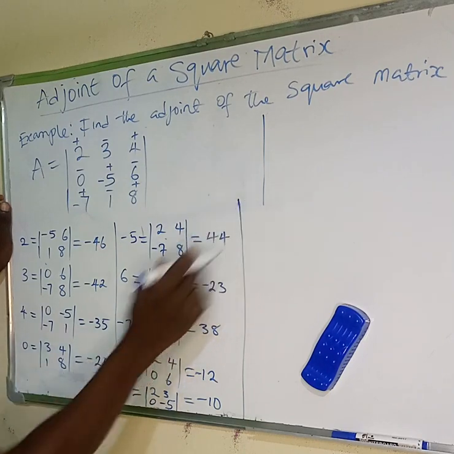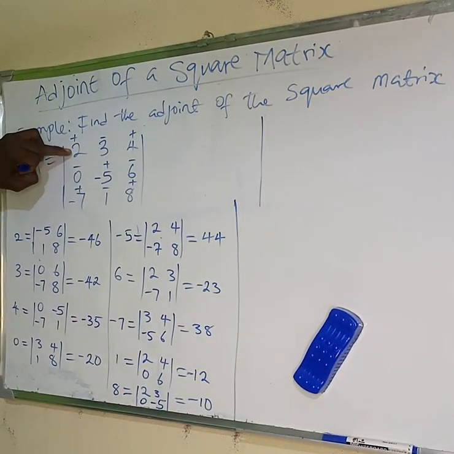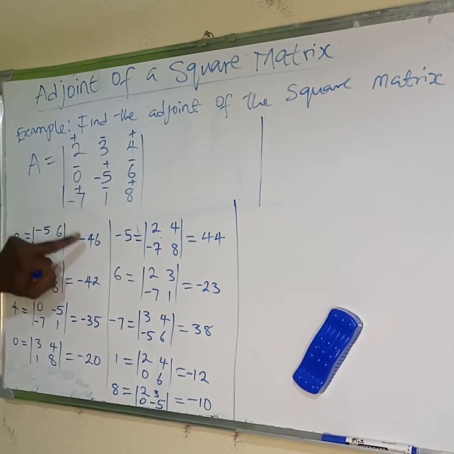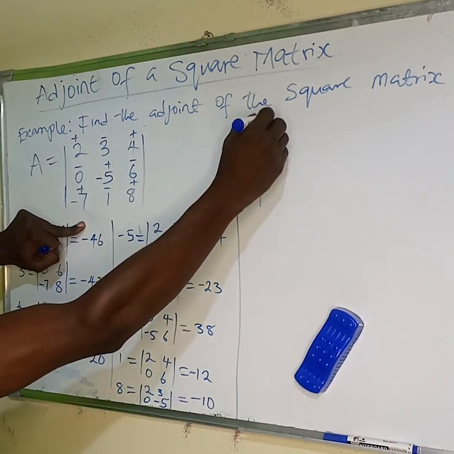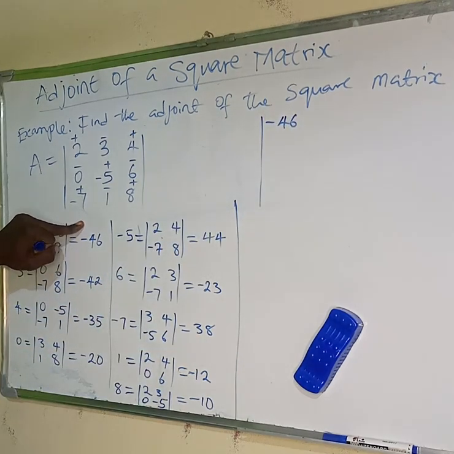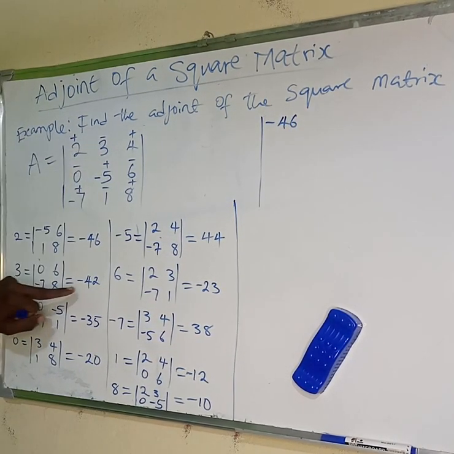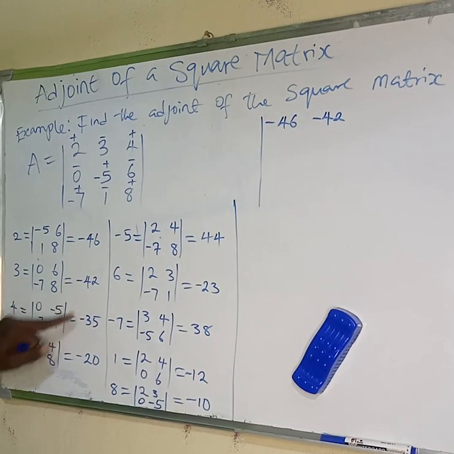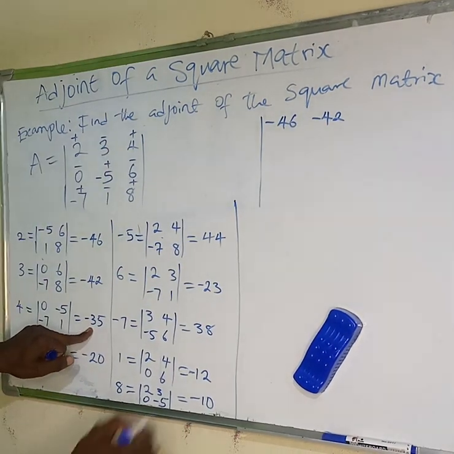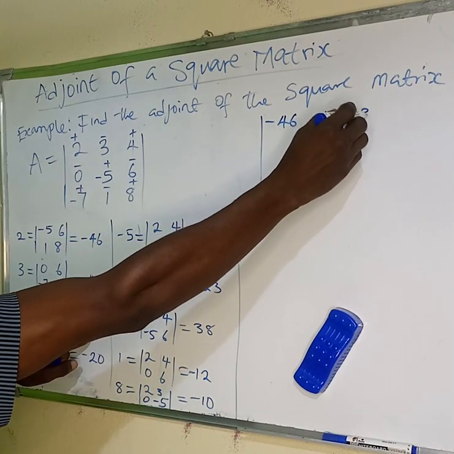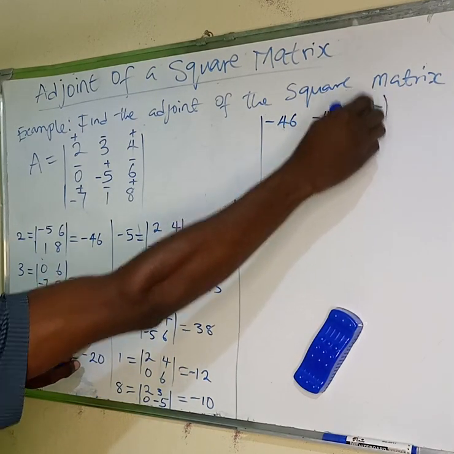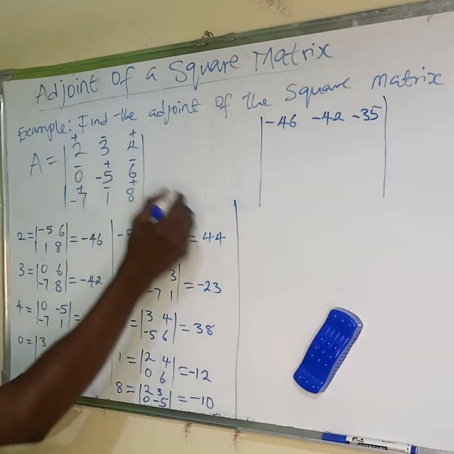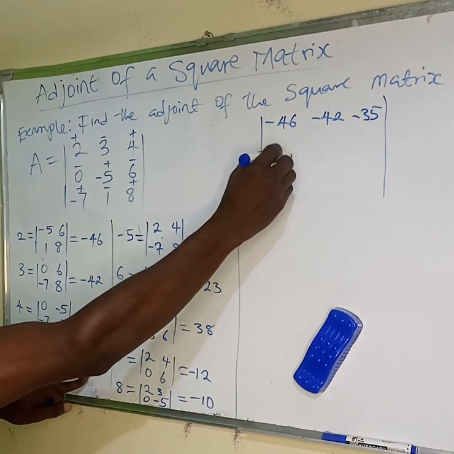All right. So the cofactor of 2 is negative 46. So instead of 2, we're going to replace it with negative 46. Also, instead of 3, we're going to replace it with negative 42. And instead of 4, negative 35. Instead of 0, negative 20.